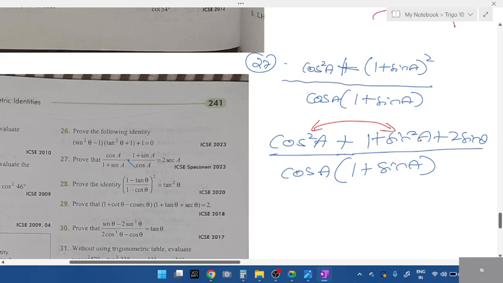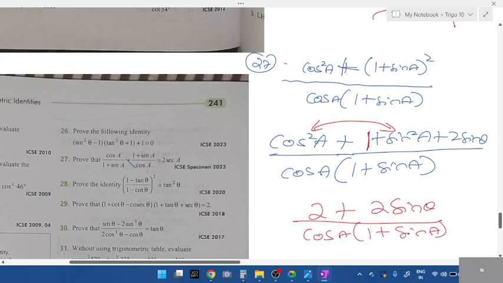What is cos square A plus sin square A? 1. 1 plus 1 is 2, plus 2 sin A. Completed. Take common. Right hand side, we need 2 sec theta. According to that, you will try. You take common, something will get cancelled.